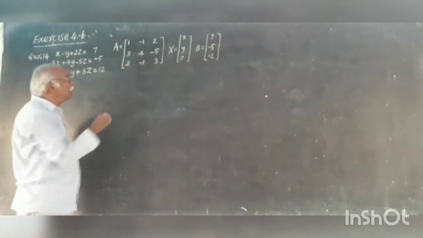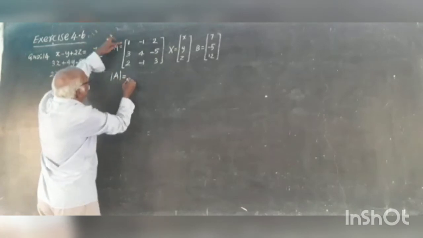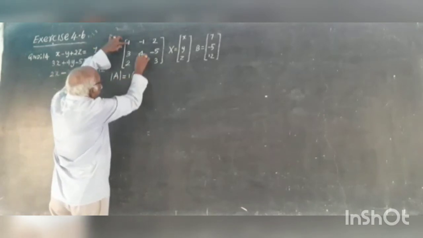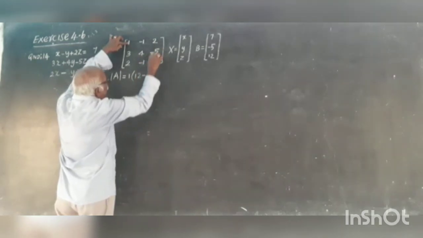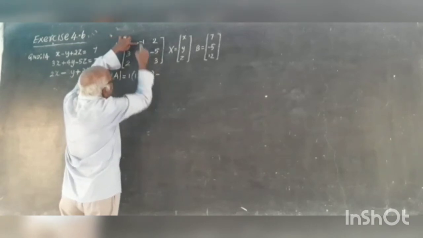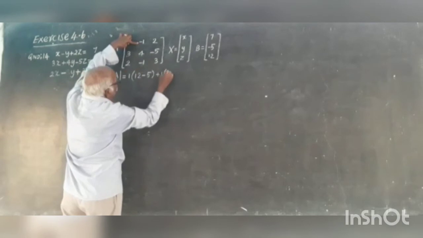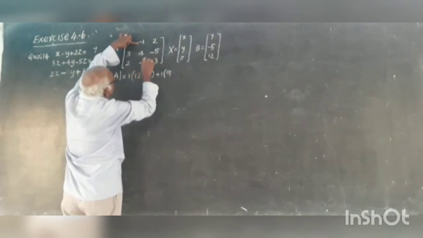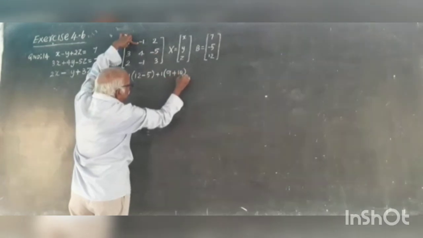Then find determinant A. Determinant A: 1 into 4 into 3, 12. Minus 5, minus 1, plus 5. Minus, already minus here, so plus 1. Plus 1. 3 into 3, 9. 2 into minus 5, minus 10, minus of minus 10, plus 10.